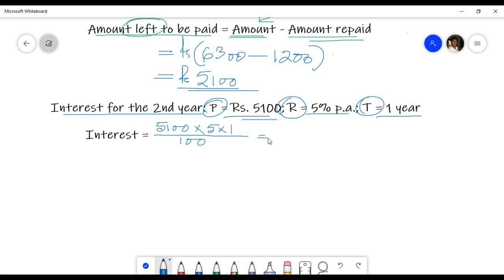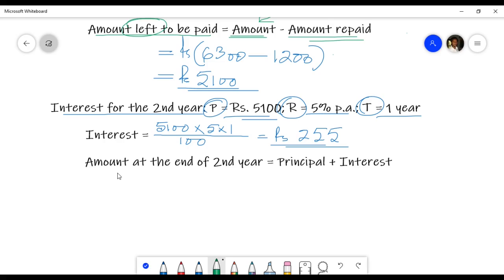After replacing the values and calculating, we'll get the interest for the second year as rupees 255.